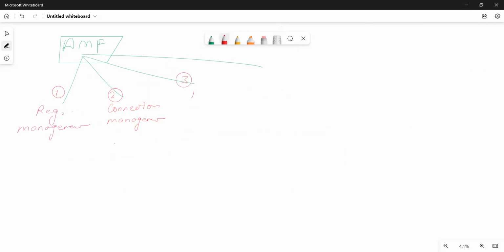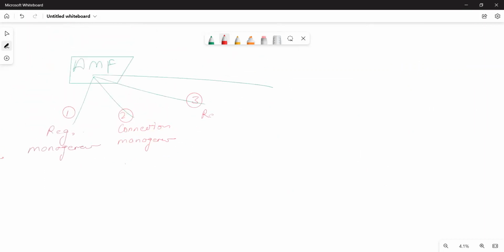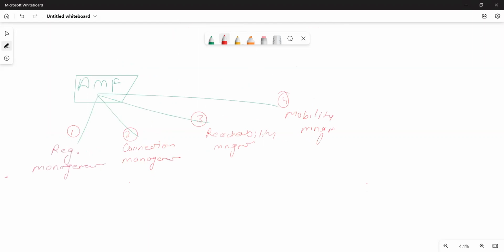Third one is your reachability management. And fourth one is your mobility management. Okay, so we're gonna discuss them one by one, right?